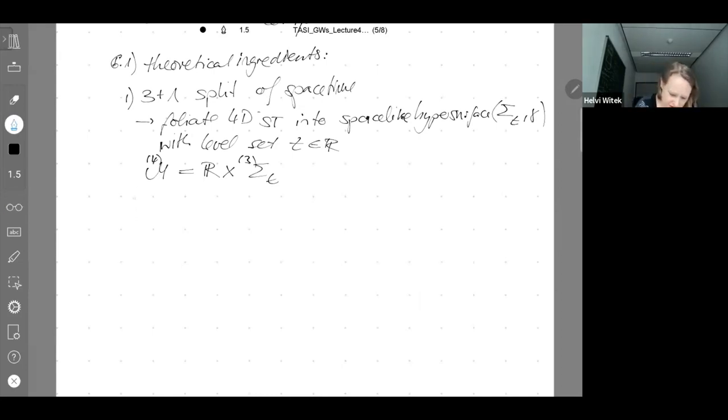So let's just have our time direction here, and then we would have our slices here. So that would be some Sigma t with a spatial metric, gamma ij. We would have a next time slice here, some Sigma t plus delta t, again with its own spatial metric.